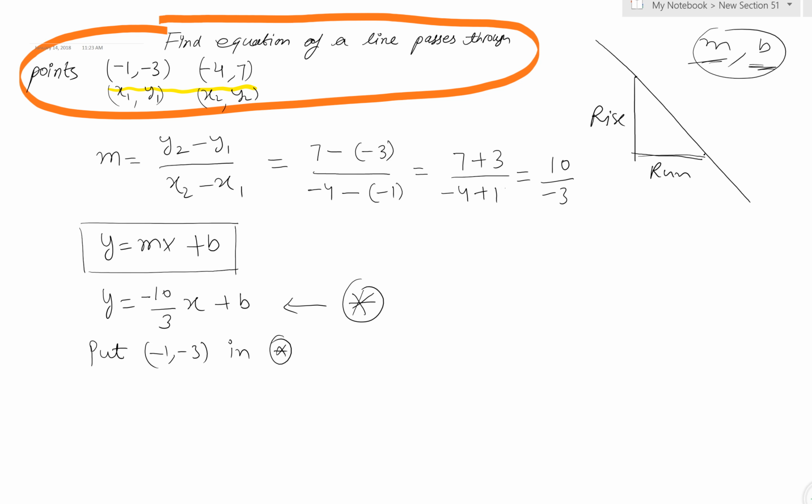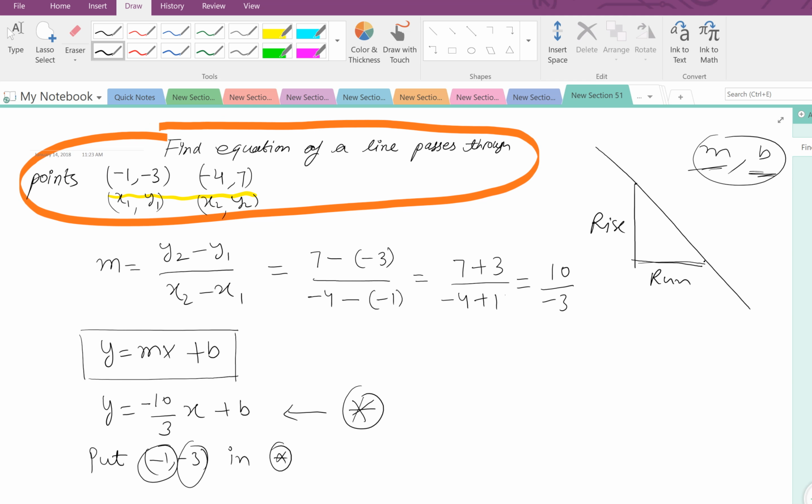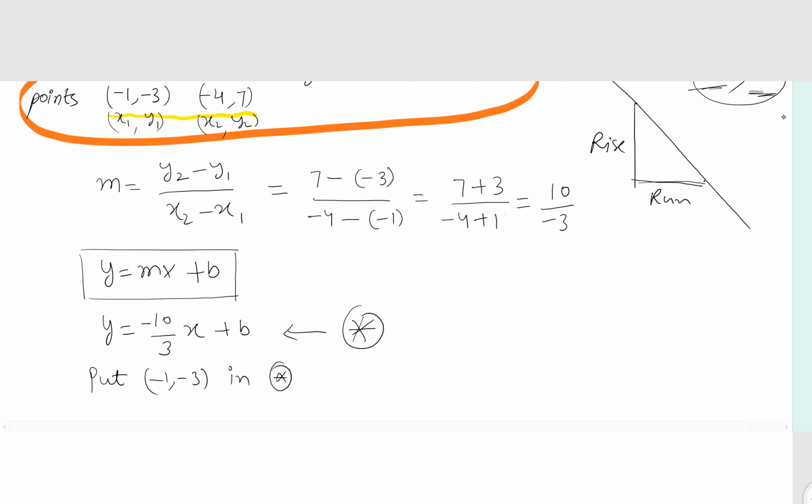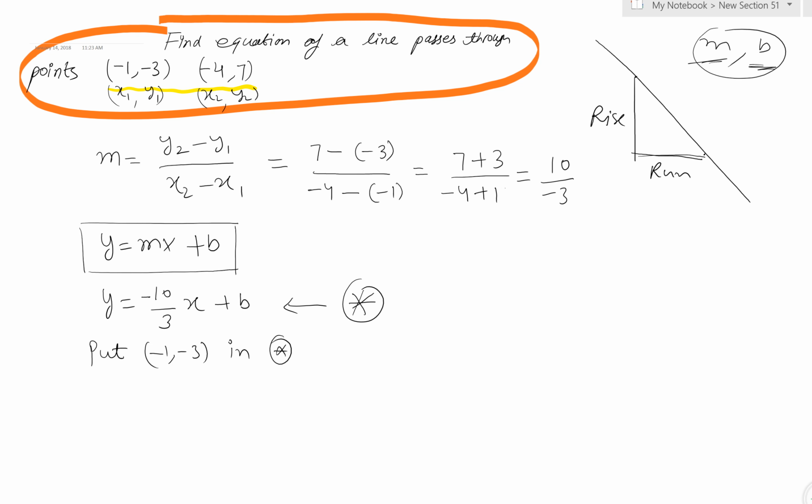So where do you put -1 and -3? Yeah, that's a nice question. This is my x and that is my y component. So I put them in the places of x and y. So -3 equals -10/3 times -1 plus b.